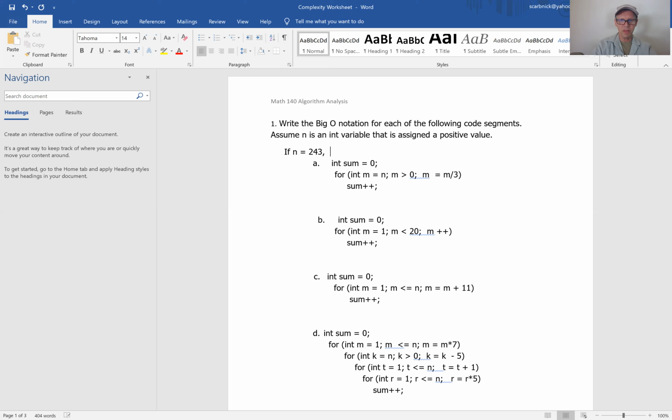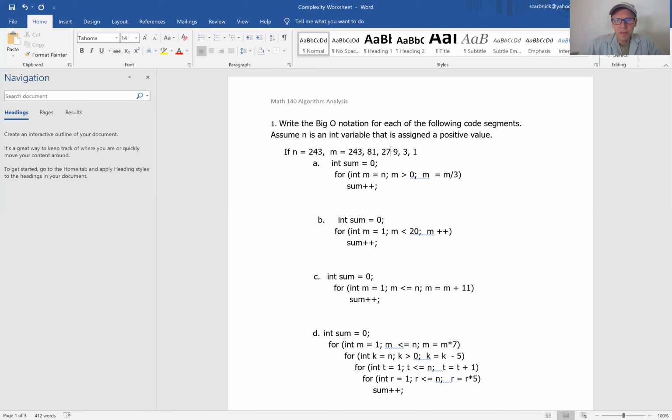So m would be 243, and then 81, and then 27, and then 9, and then 3, and then eventually 1. And then when it gets to 0, it stops. Oh no, I missed 27, sorry. 81 divided by 3 is 27. Okay, so you see that 243 is 3 to the 5th power.